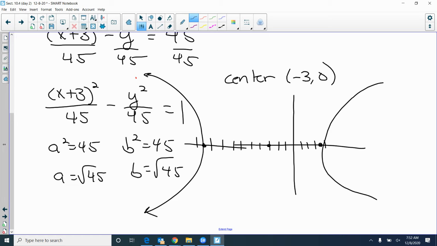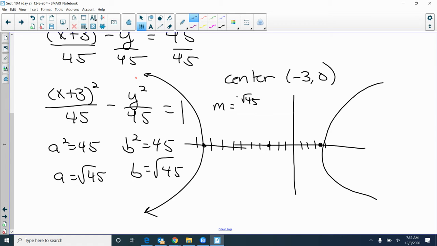What's going to be your foci? We'll add those together. 45 plus 45, square root of 90. Well, that reduces to 3 radical 10 if you want to do that, but that's going to be your foci for those. Now, if you did the box, you got to go square root of 45 up, square root of 45 over. That'll give you the whole thing. But what does our slope reduce to?